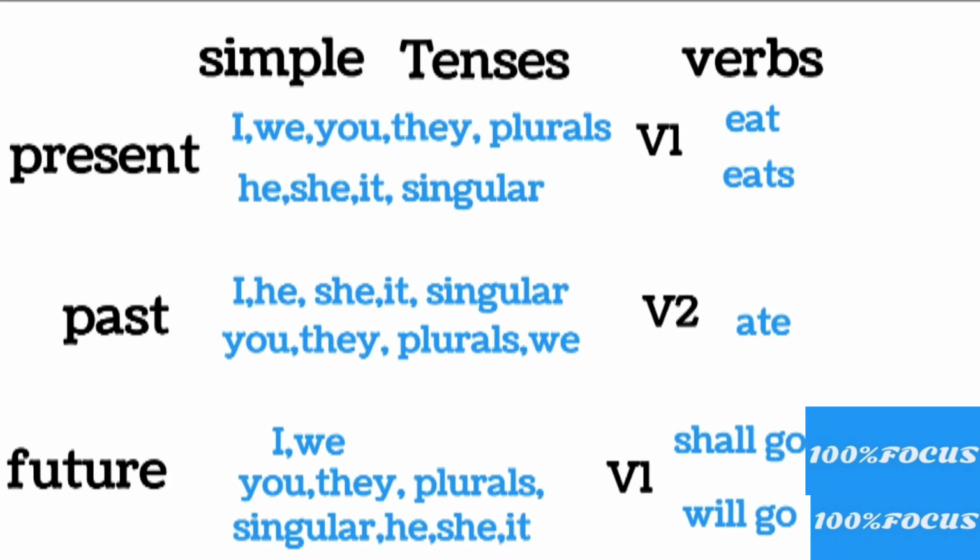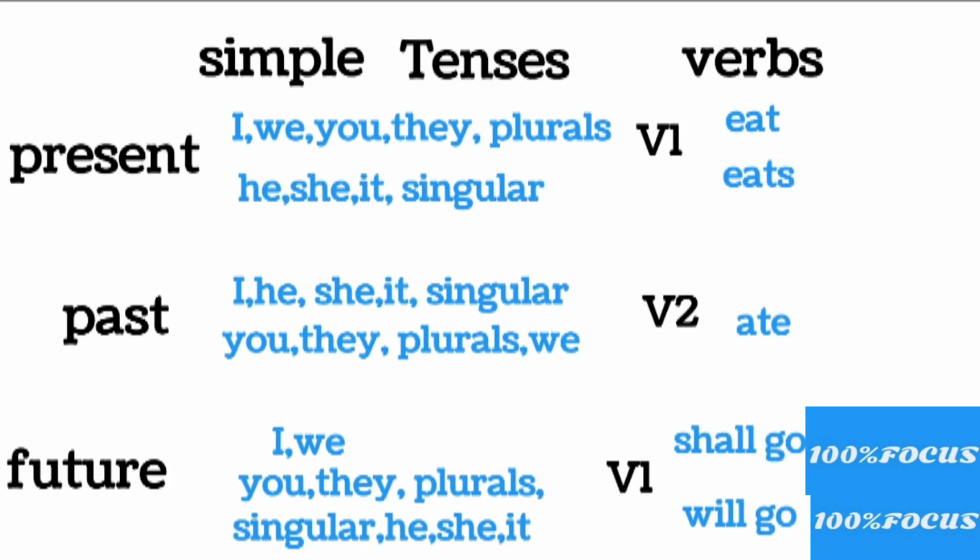Okay, now we are going to past. Past simple, and the subjects here are I, you, he, she, it, they, we, singular and plural. The subjects are same. Everywhere the subject will be same. And the verb is ate. Eat ki V2 ate. And only one word.